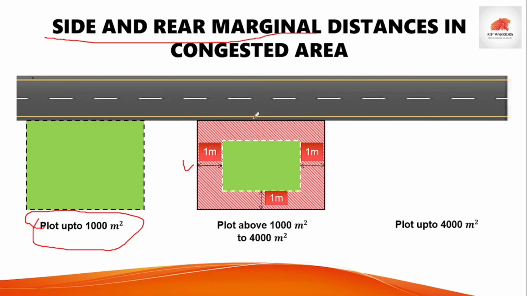The front will be according to the road width on which it is facing, as we have seen previously. Here we are talking about the side and rear marginal distances, which are 1 meter.